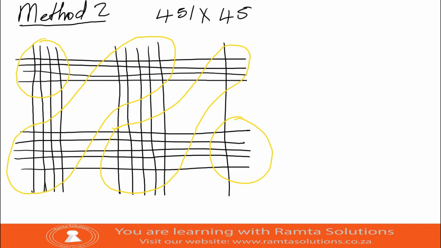Now with this method, the beauty of it is that I will show you 2 ways which can help you derive your answer.